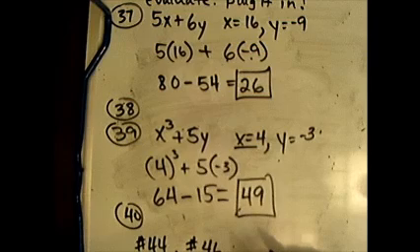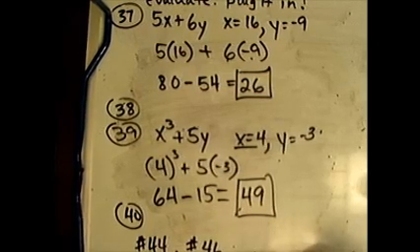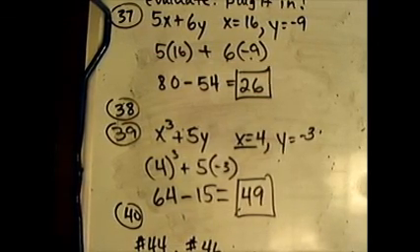All you do is simplify, which means you add like terms. So if you have 16c plus 17c, add the 16 and 17 together.